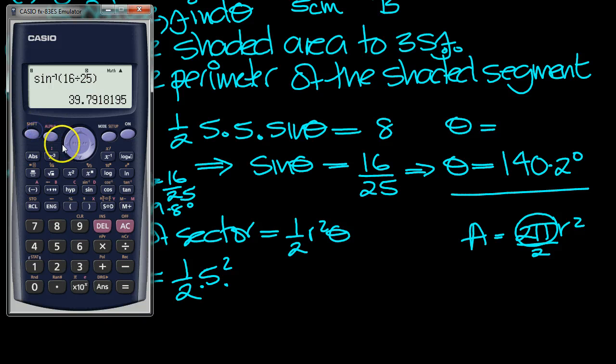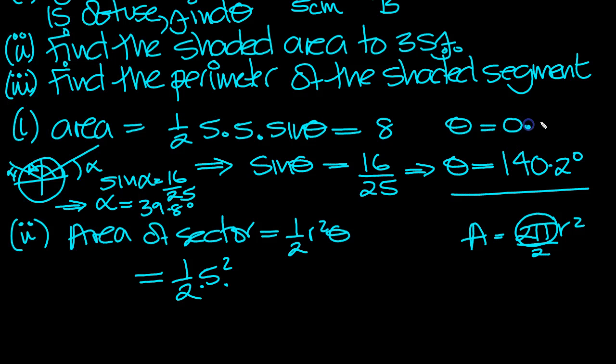If I do shift mode and choose radians, number 4, we get 0.6945 radians. That was alpha. So it's pi minus that. Okay, that's what we've got for theta there in terms of radians.